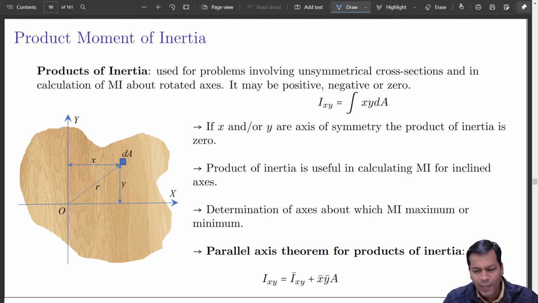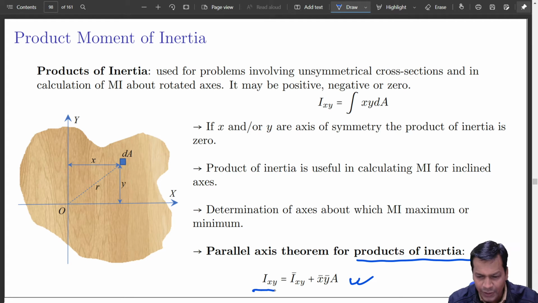Now the parallel axis theorem for product moment of inertia also holds true, and it is given like this. If you remember the parallel axis theorem, Ixy is equal to Ixy bar, that is passing through the centroid, plus x bar y bar A. X bar is the mean distance, y bar the mean distance of this centroid.